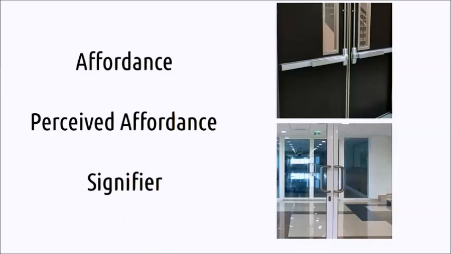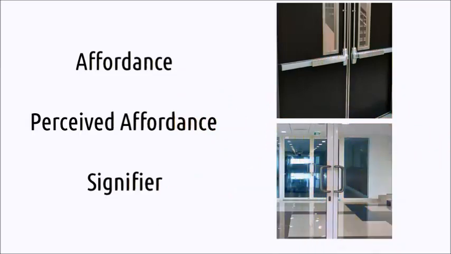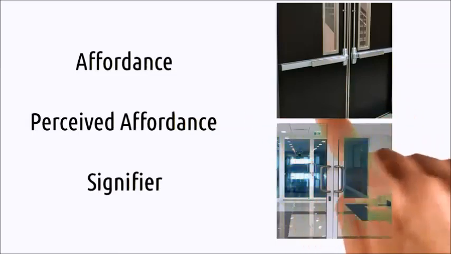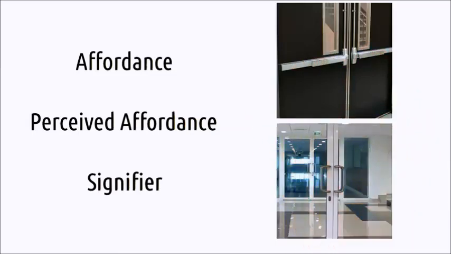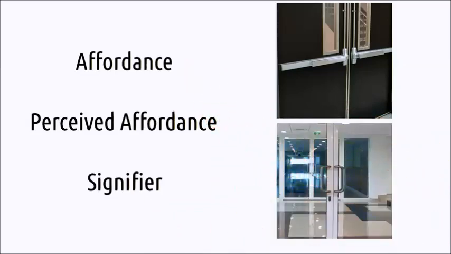A signifier, then, is anything that helps the perceived affordance match the actual affordance. For example, some doors like this will have a black bar on the part that's supposed to be pushed. That signifies to a user that this is a place they should test out the interaction that they perceive to be possible. On this door, we could put a sign that just says push. That would be a signifier that tries to alleviate the conflict between the actual affordance and the perceived affordance.